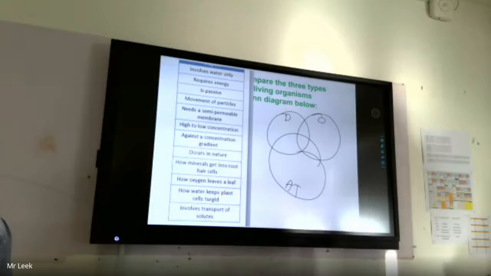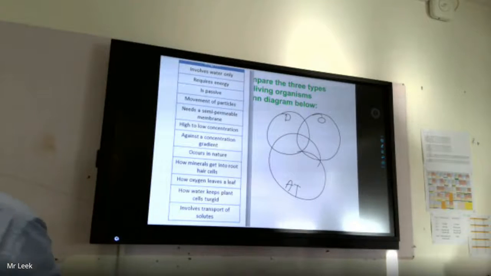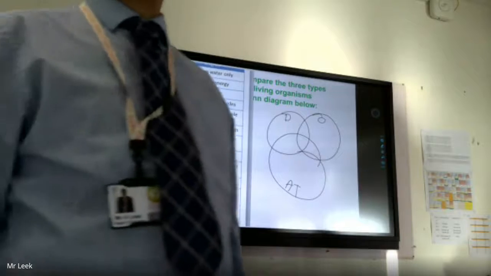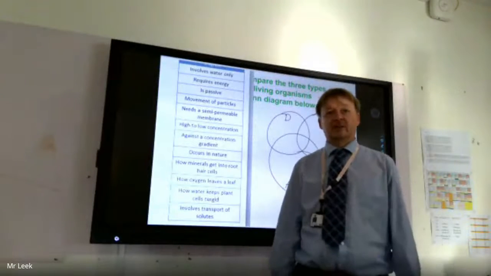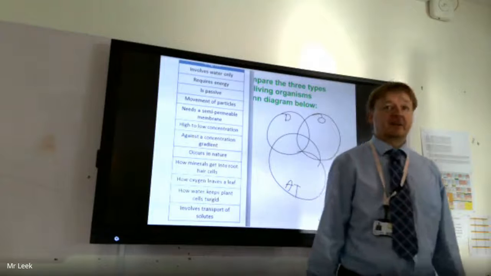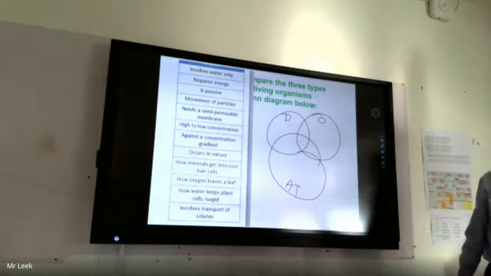Which one's passive? Passive, what does passive mean? If somebody is passive, what they will do is they will just sit there and do very little, whereas somebody that's active, like yourself, you're moving around all the time, and you're active outside school.